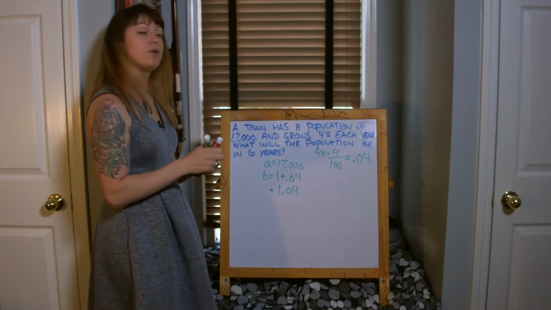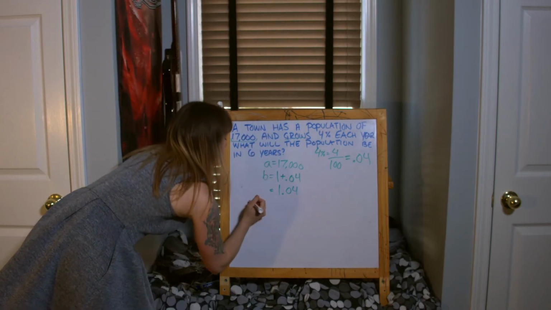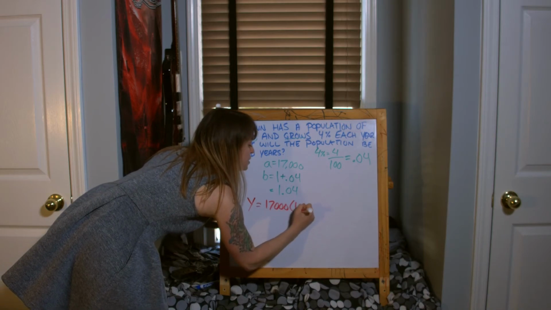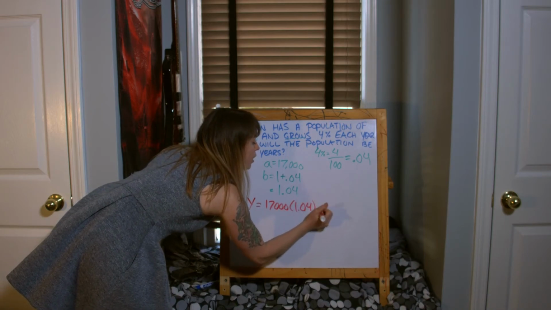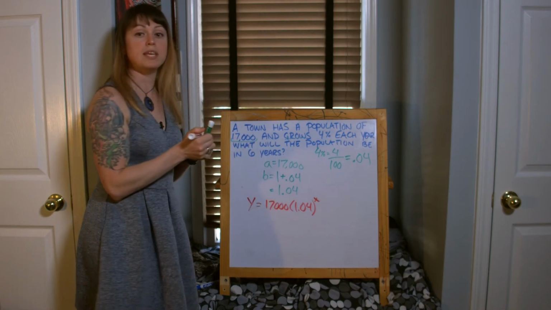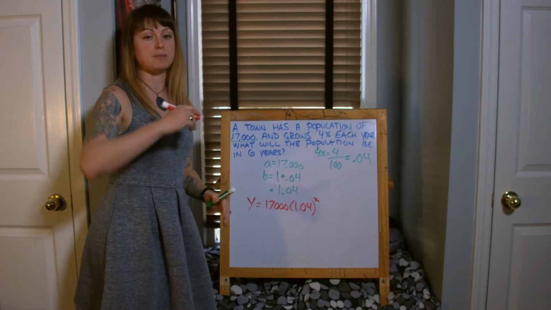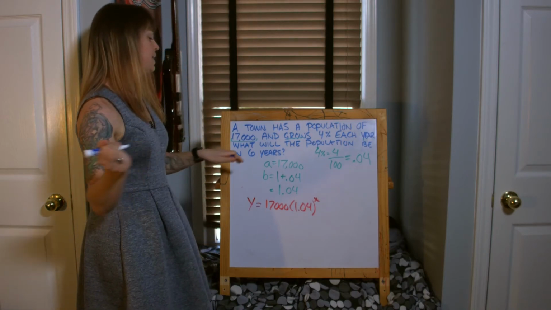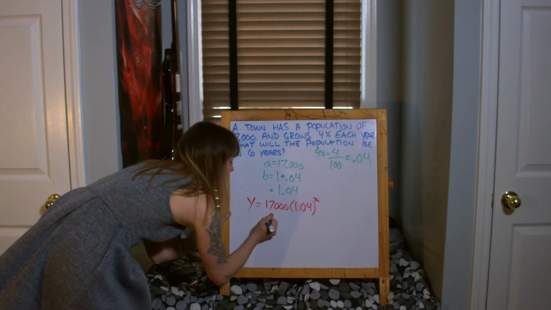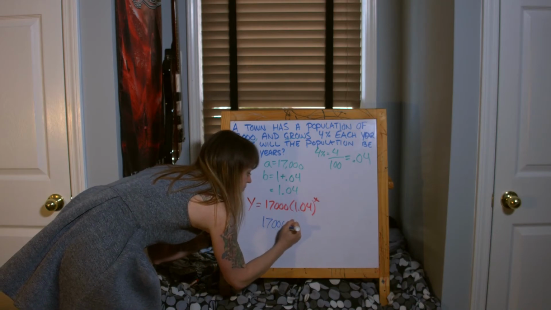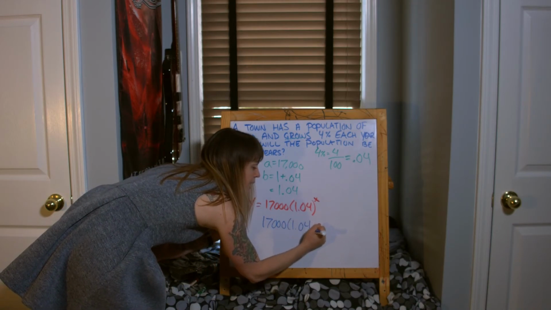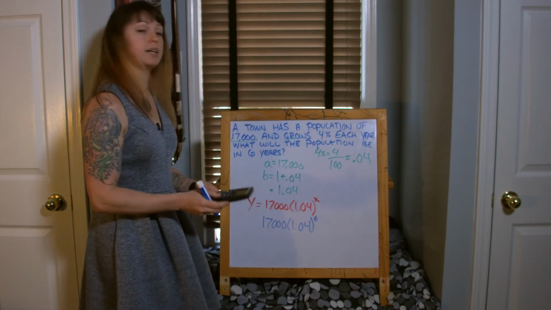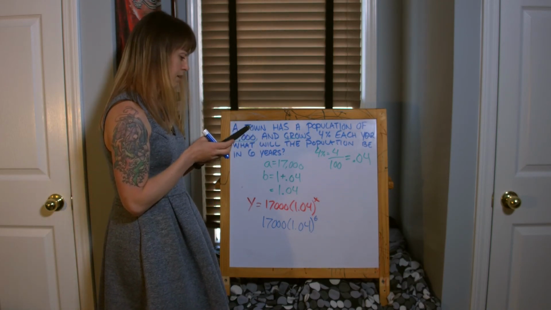And now I put it both together to make my equation. So y equals 17,000 times 1.04 raised to the x. And remember, x is the exponent. It's up at the top. This problem wants to know what it will be in 6 years. So I take my equation and I plug in 6 for my exponent. I go to my calculator because I cannot do that in my head.